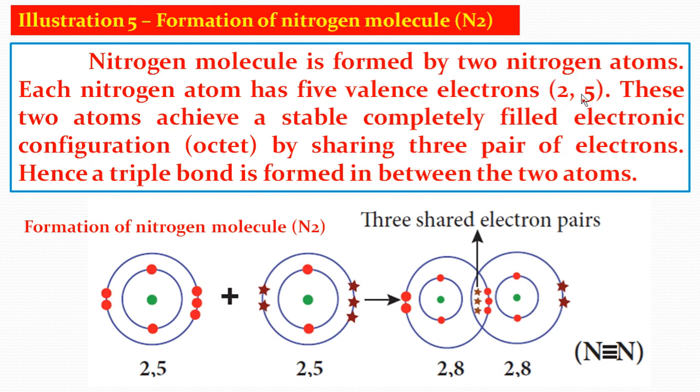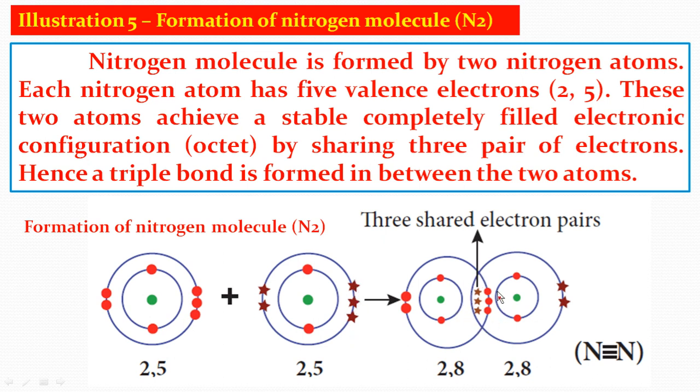So each nitrogen atom needs 3 more electrons to complete the stable octet electronic configuration. Now count the valence shell: 1, 2, 3, 4, 5, and come to the next nitrogen atom: 1, 2, 3, 4, 5. So both the nitrogen atoms need 3 more electrons to complete the stable octet electronic configuration.